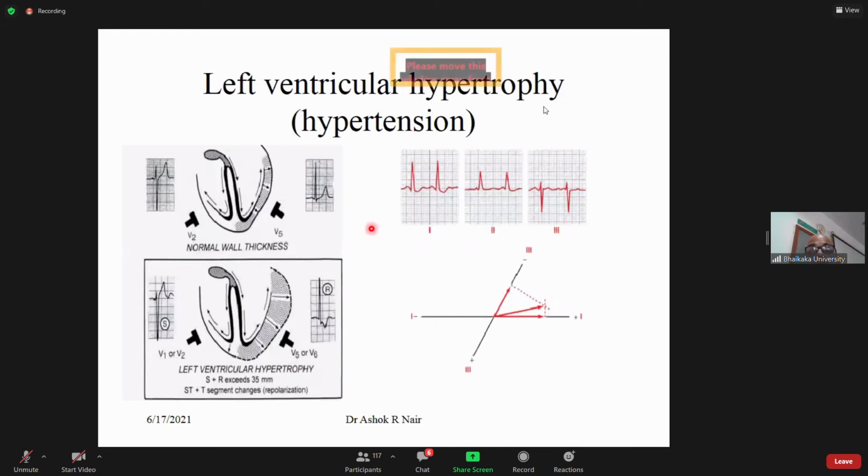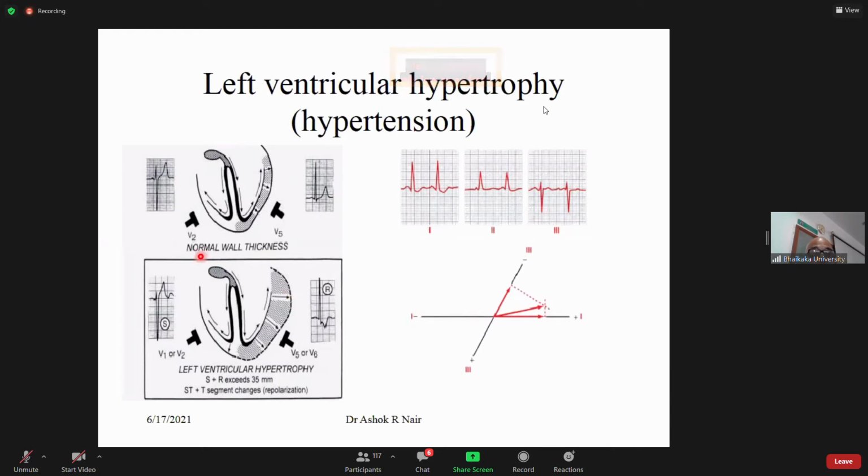Take left ventricular hypertrophy, for example in hypertension. You can see a left axis deviation has taken place. Lead 1 is positive, lead 3 is negative, so you will have a left axis deviation.